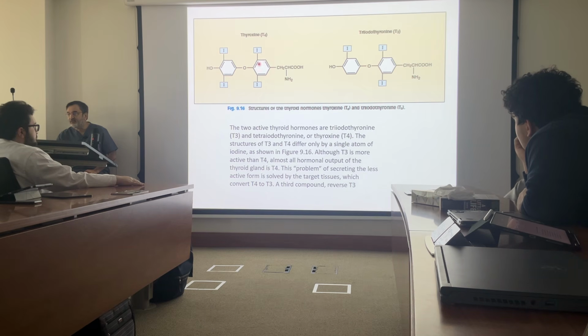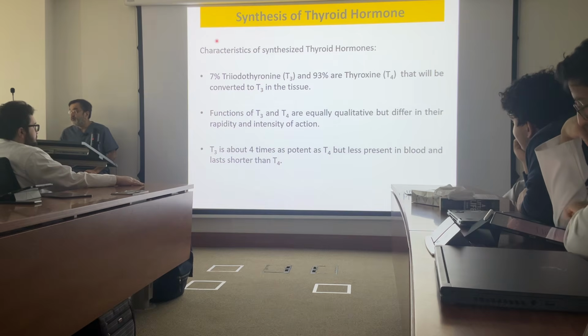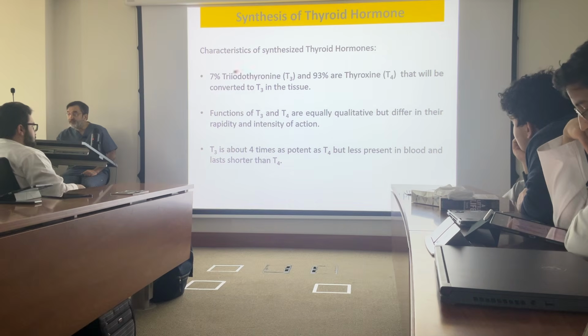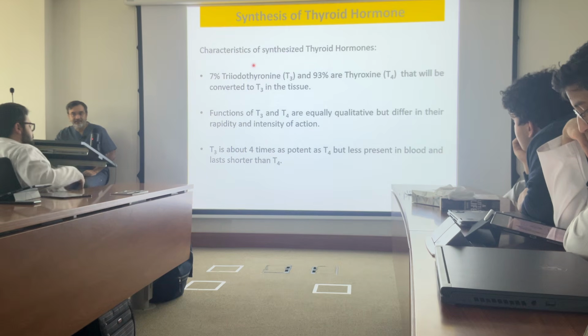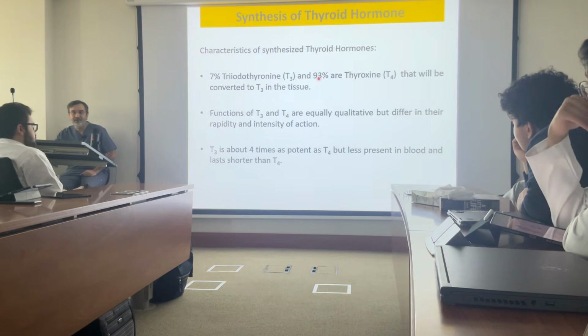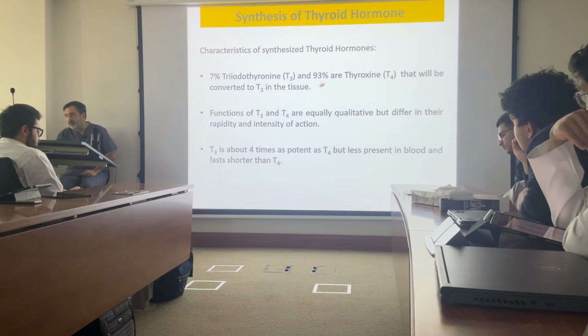This is T4, which is the major hormone of the thyroid gland. 7% of the total production of the thyroid gland is T3, and 93% of the hormone produced by the thyroid gland is thyroxine.